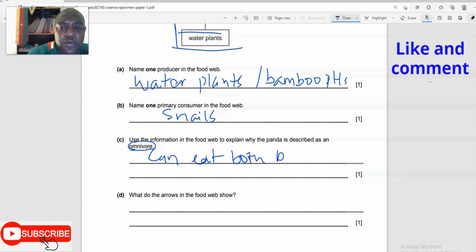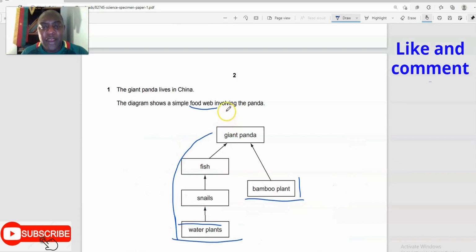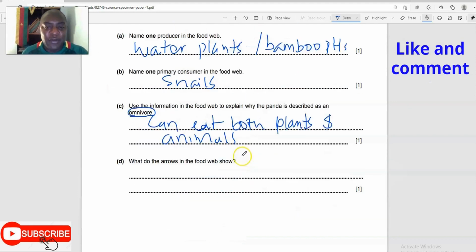If you look at the food web, the giant panda can eat a bamboo plant, which is a plant, and it can eat a fish, which is considered an animal.